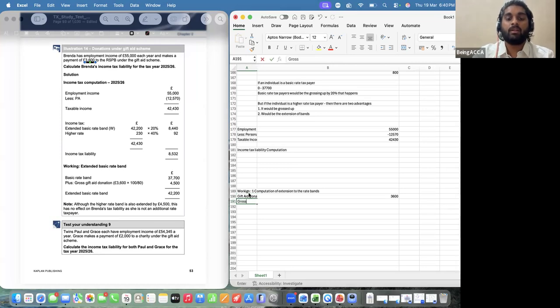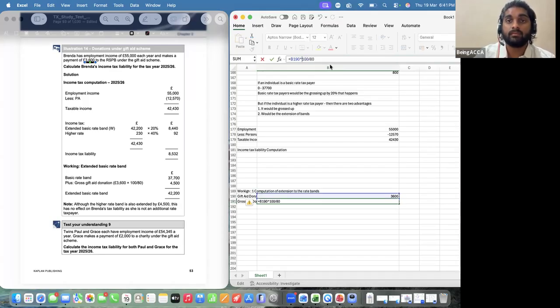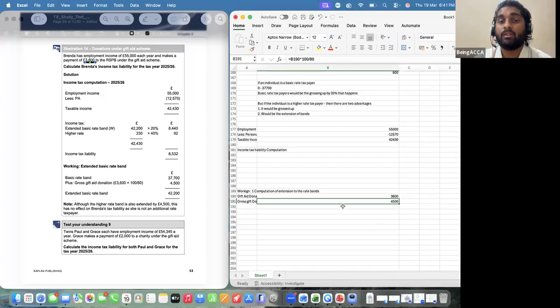Now gross gifted donation would be equal to 3,600 into 100 by 80%. Oh, sorry, I missed a percentage symbol. Into 100 by 80%, making your gross gifted donations 4,500. All right, clear on this? This is your gross gifted donation, which means now your rate bands will extend by 4,500.